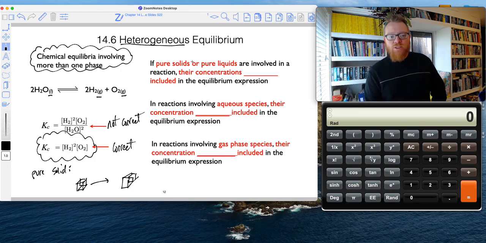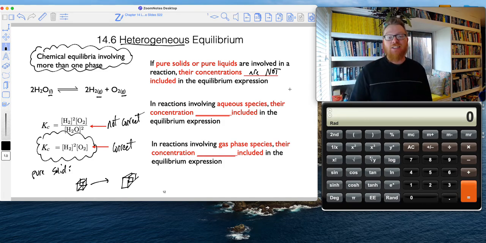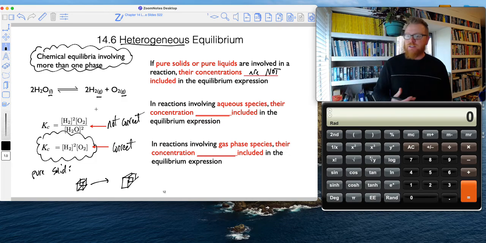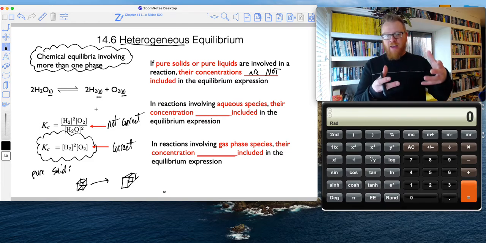So if pure solids or pure liquids are involved in a reaction, their concentrations are not included in the equilibrium expression, because you can't change the concentration of a pure liquid or a pure solid. You can change the concentration of a gas, however, because, as you remember from Chem 109, a gas will spread out and fill the available volume.